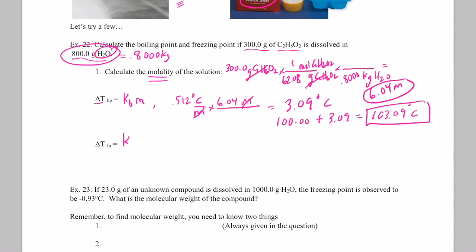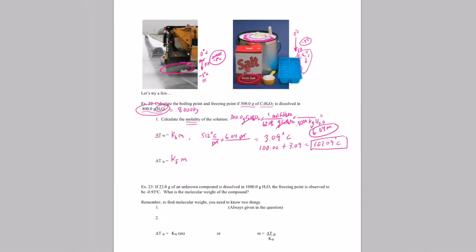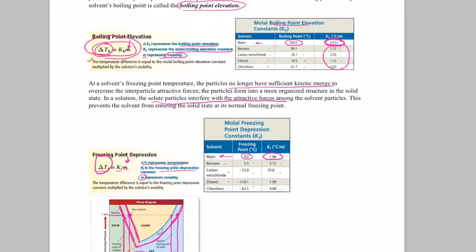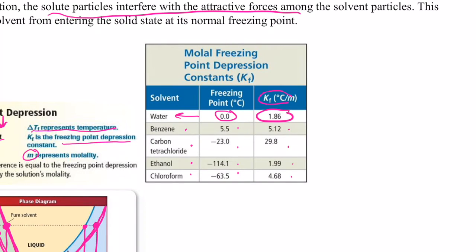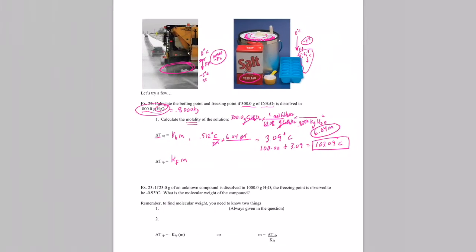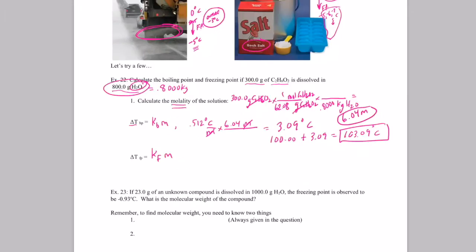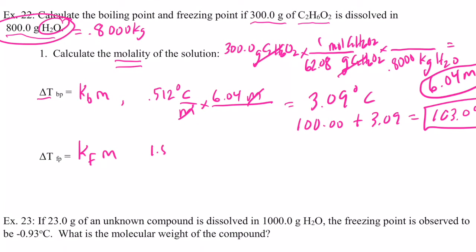Okay, now let's do the same thing for freezing point. So that would be Kf times the molality. Let's look up the freezing point constant for water from the previous page. The freezing point constant for water is 1.86 degrees Celsius per molal.